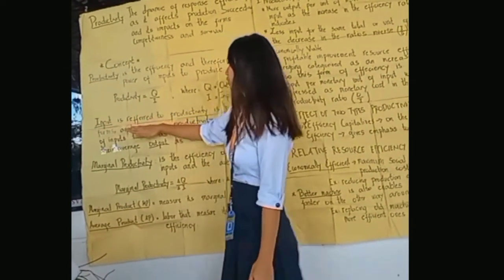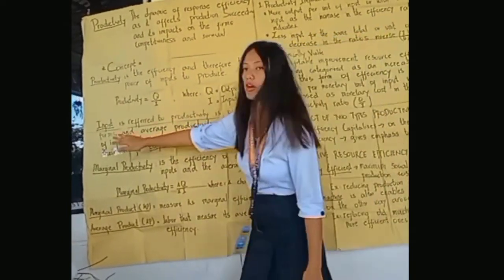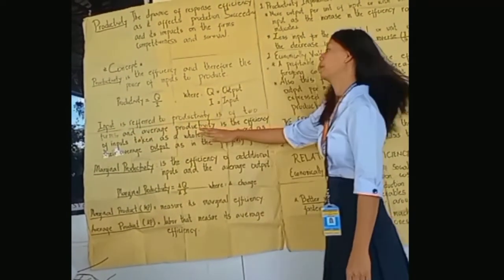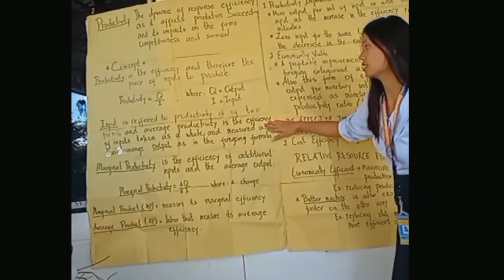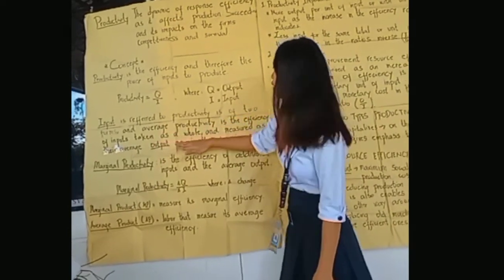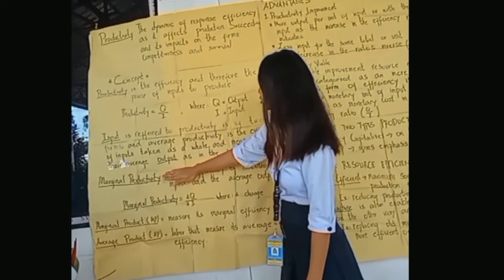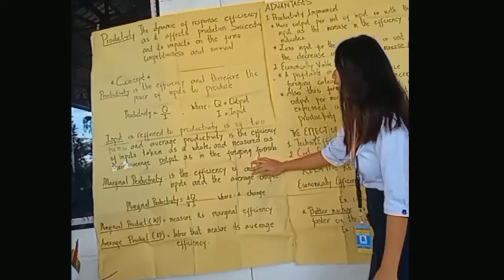Input is referred to productivity in two forms, and average productivity is the efficiency of output, which is taken as a whole and measured as an average, and output as in the foregoing formula.